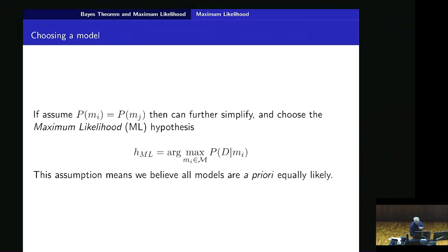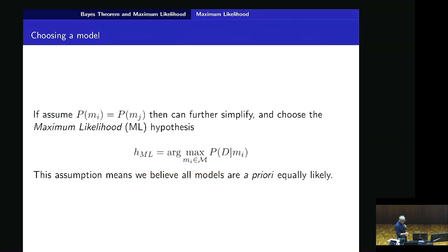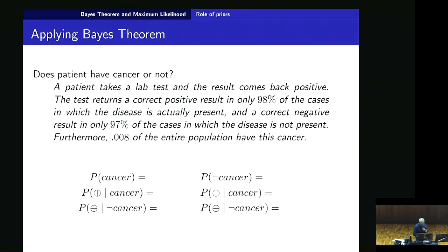And then, if we assume that either we don't care or we don't know, or that all models are equally likely, then we can ignore the prior, and we end up with this thing here, which is the maximum likelihood version. So there's a very principled way of organizing things if we assume that Bayesian setting.